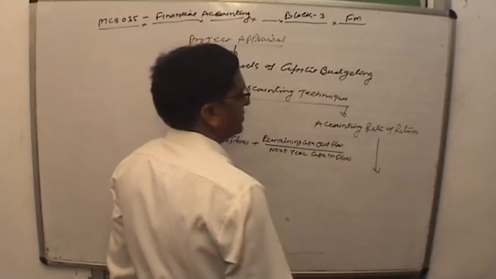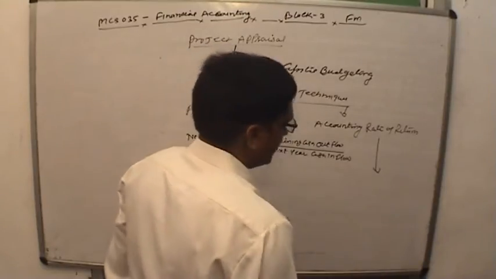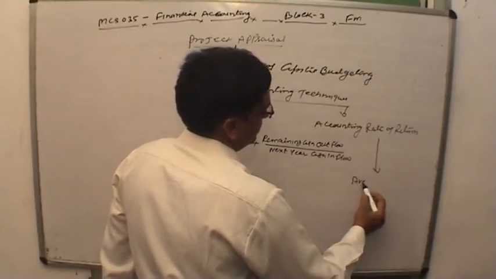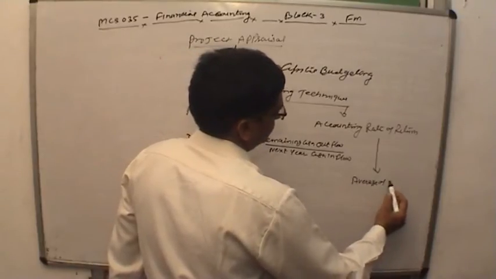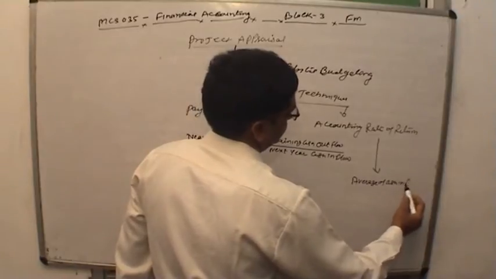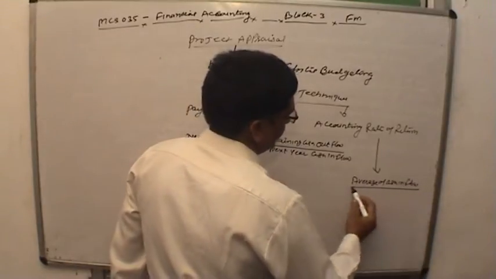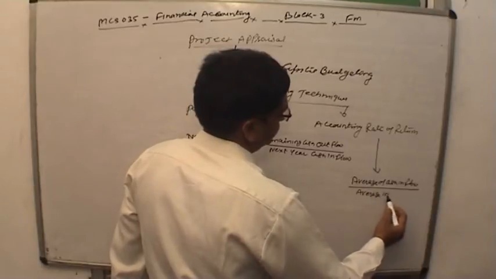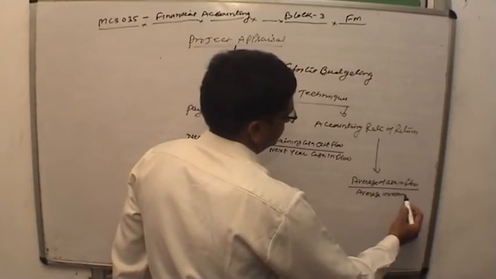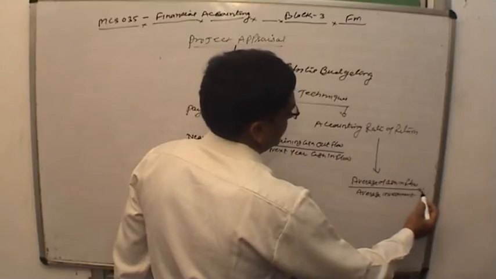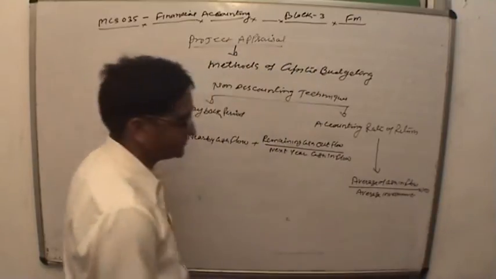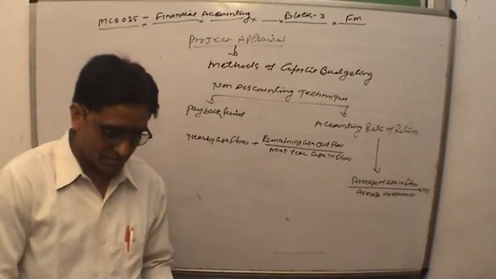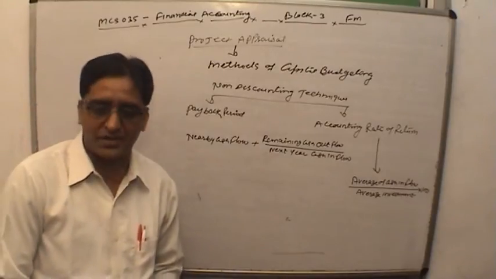Accounting rate of return is average cash inflow divided by average investment, multiplied by 100. So these are the non-discounting techniques of capital budgeting.